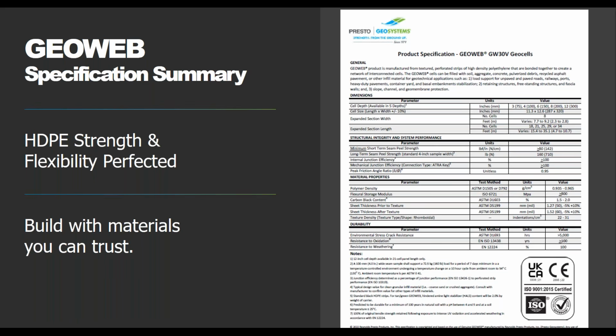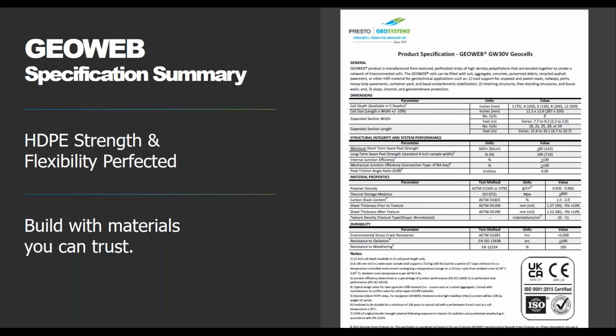And you're going to note that it contains a lot of detail on key material properties, including that weld strength and the environmental stress crack resistance, which are both things that I mentioned before. These are the key material properties of how a Geocell works. And this is what we want to have that nice uniform texture about.